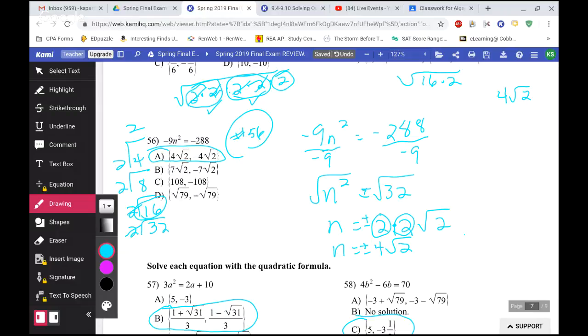I don't know. I understand that you divided by -9 on both sides, and then you get 32. Mm-hmm. And then I don't know what to do after that. Do you remember simplifying radicals last year in pre-algebra? Maybe. Well, that's what we're doing, we're simplifying radicals.